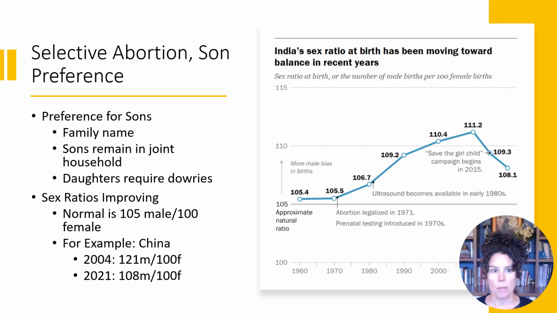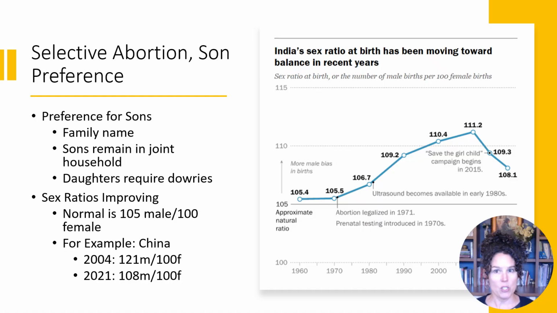Typically, sons remain in the joint extended family household, sons and then the women that they marry, and they become the ones that financially care for the son's parents, right? So they're basically bringing money in. Daughters leave the joint household and go into their husband's joint household, and they require dowries. So sons basically bring more money, the family name, and so that's the reason for the son preference historically.